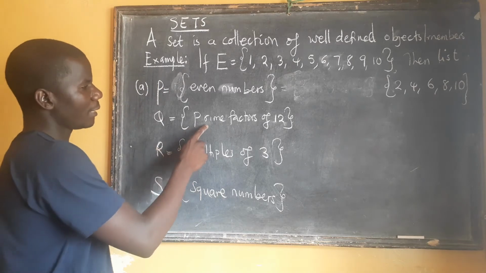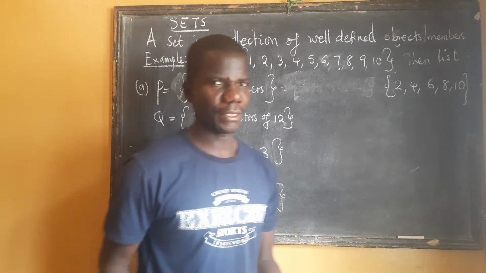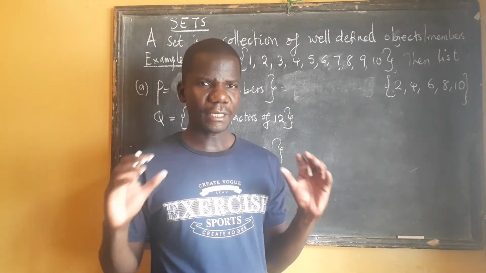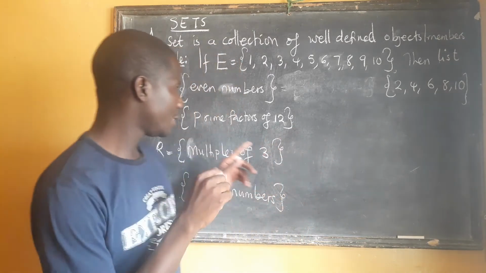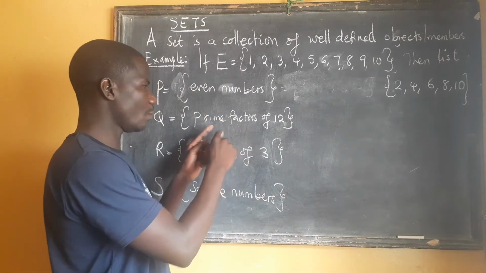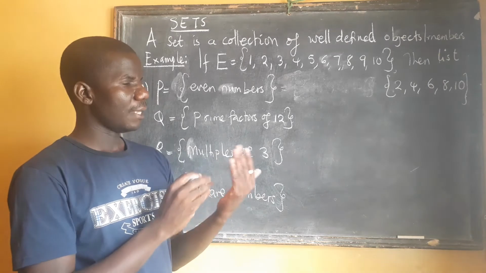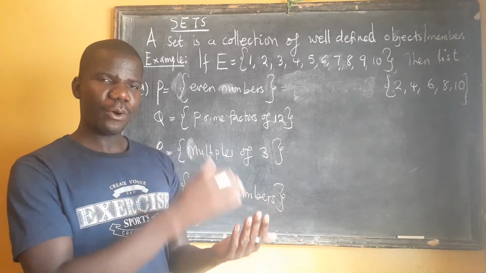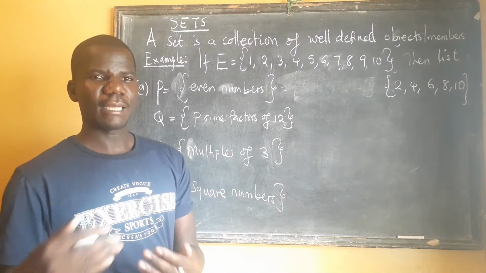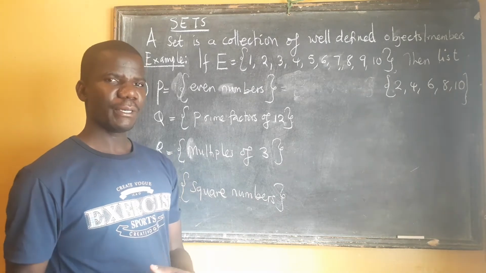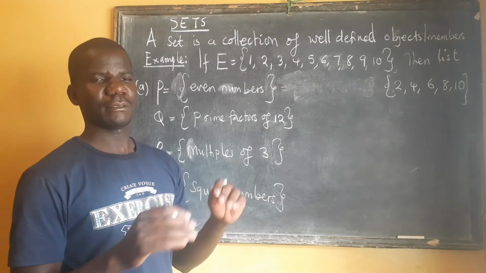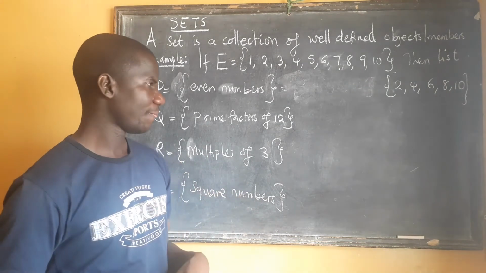And the second one, we're talking about prime factors. What are the prime factors of a number? First of all, there are two words here: prime and factor. So what is a prime number? A prime number is a number that is only divisible by 1 and the number itself. In other words, it's a number that only has 2 factors, which are 1 and the number itself.